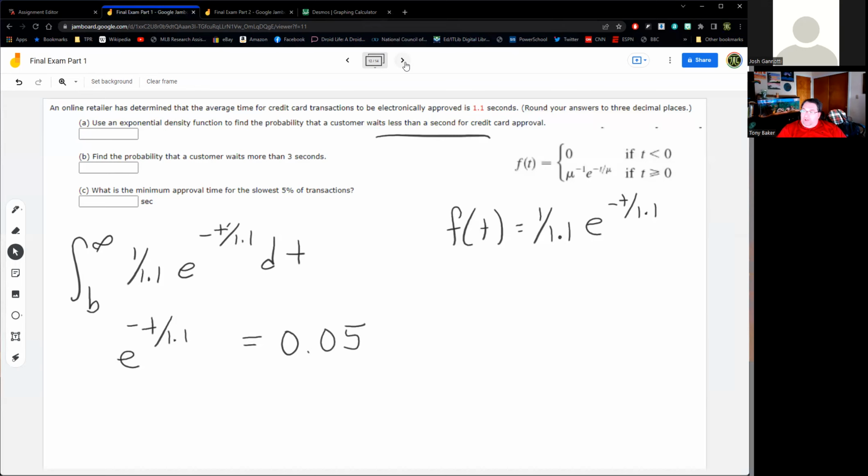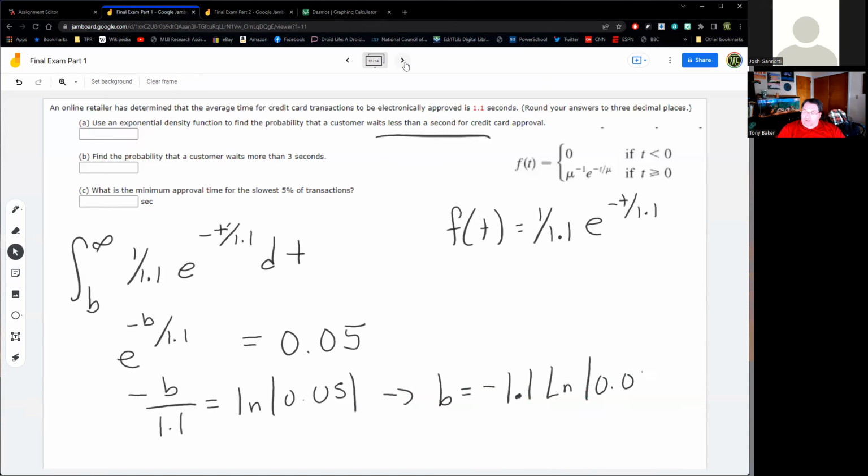I have to take the ln of both sides. So the ln of this is just negative b over 1.1 because we plugged in the b, equals the ln of 0.05. So b equals negative 1.1 ln of 0.05.